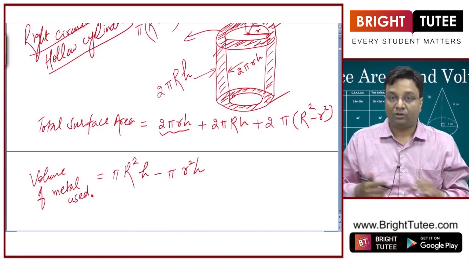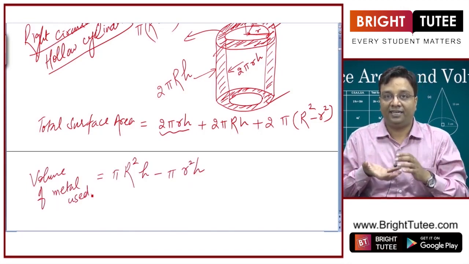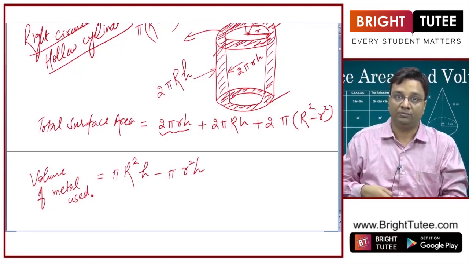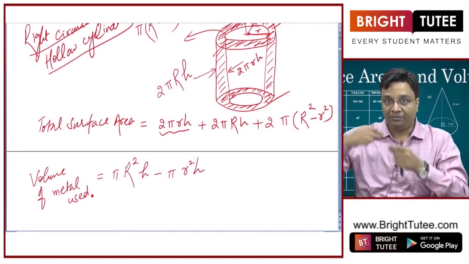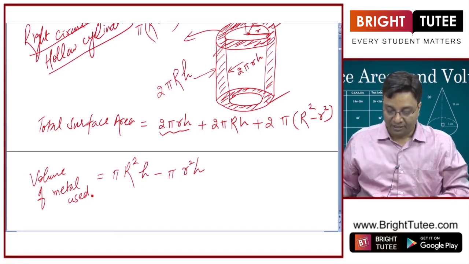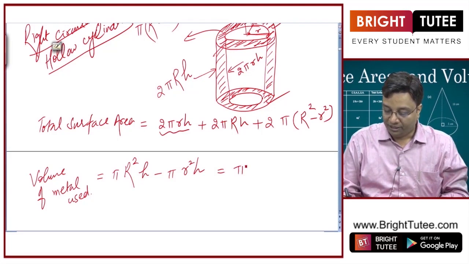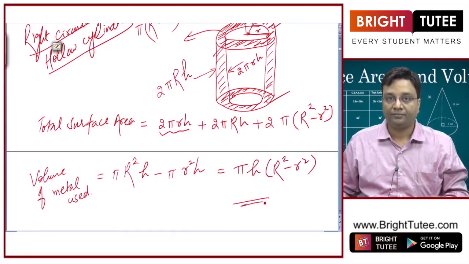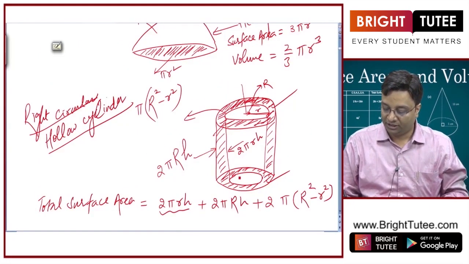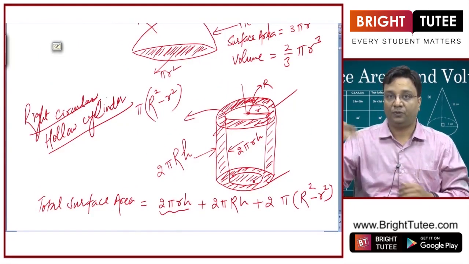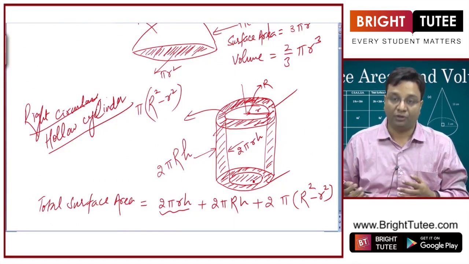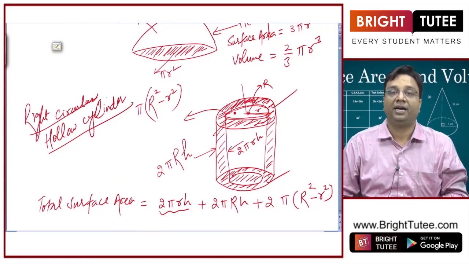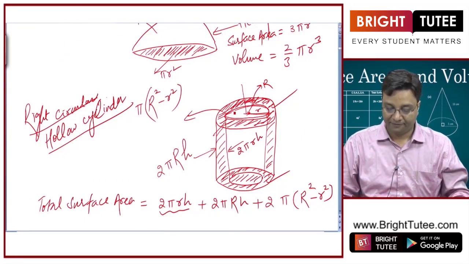I am not talking about the volume that can be contained in this cylinder. There is nothing that can be contained, because it is open from the top and bottom. So this is the volume of the metal used, pi h R square minus r square. If you close it at the bottom and want to put something inside it, its volume will be just the volume of the inside cylinder, that will be pi small r square h.